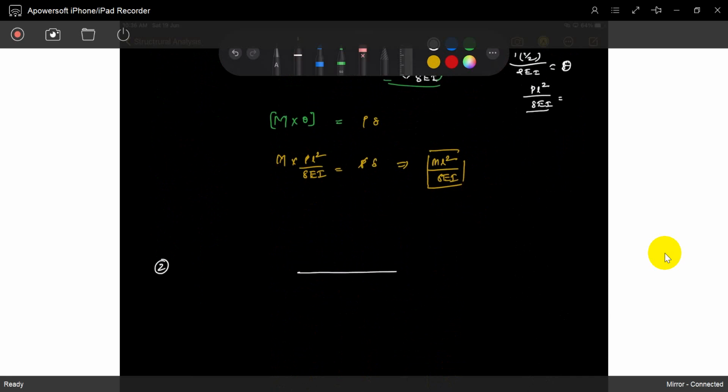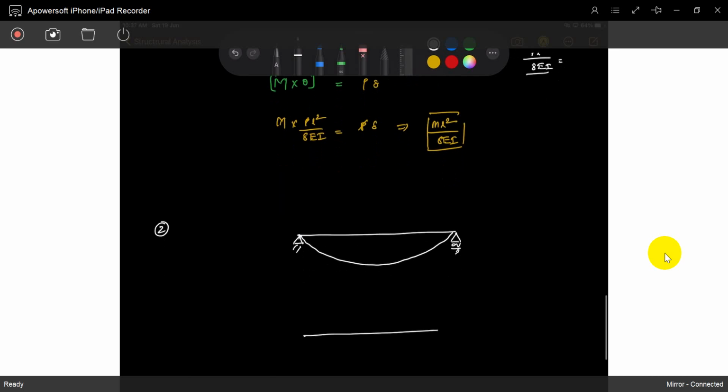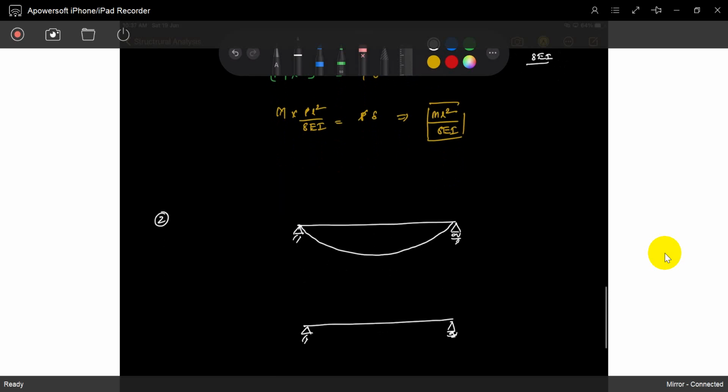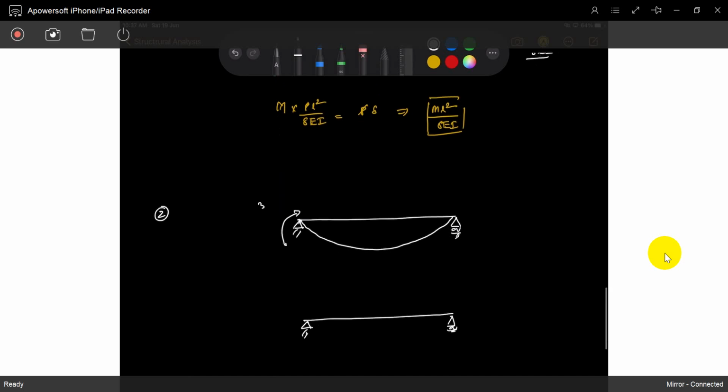Here a 30 kilonewton moment is applied, and also at this location a 15 kilonewton force.